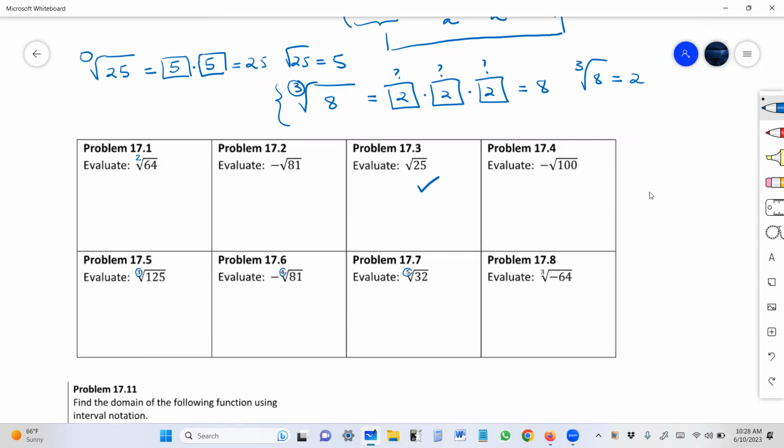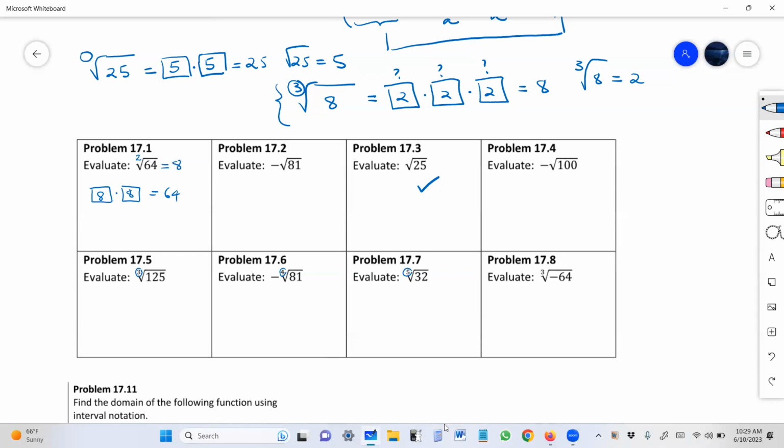So let's take a look at the first one, square root of 64. Again, I need 2 identical numbers that multiply together, giving me 64. 8 times 8. Right? That's 64. So the square root of 64 is 8.